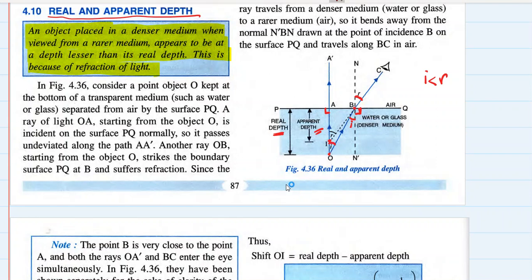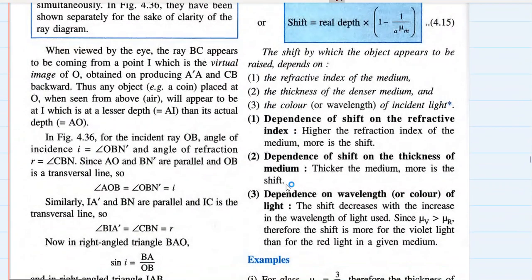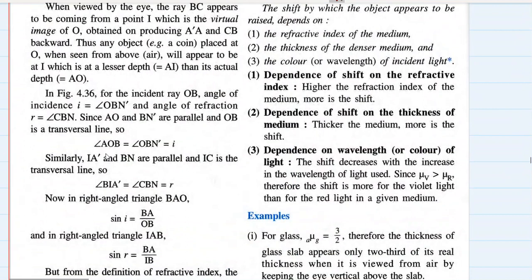Can you tell me why is it I? It is I because it's an alternate interior angle. Angle AOB is an alternate interior angle with angle OBN dash, and that's why they are equal. Okay. So angle AOB is equal to OBN dash.